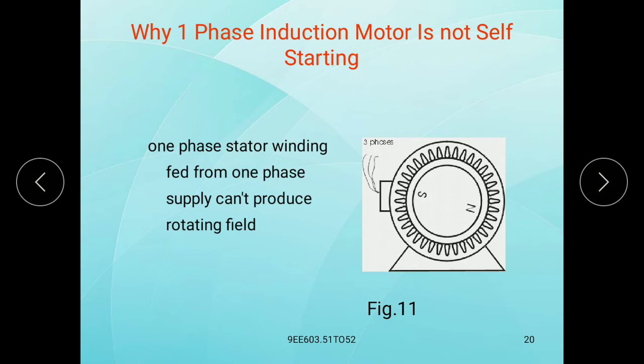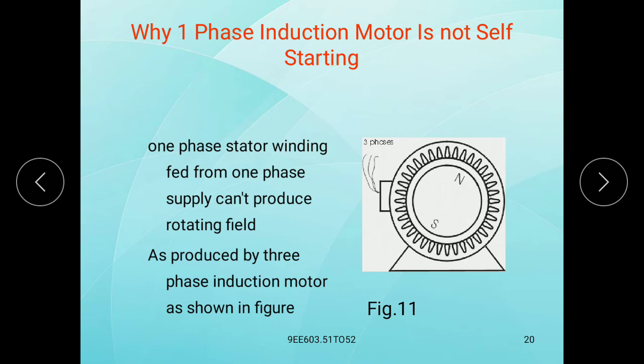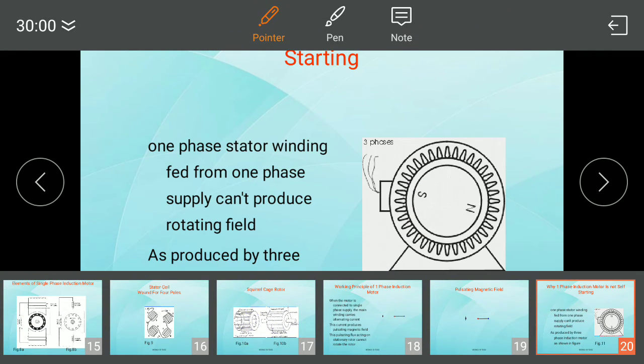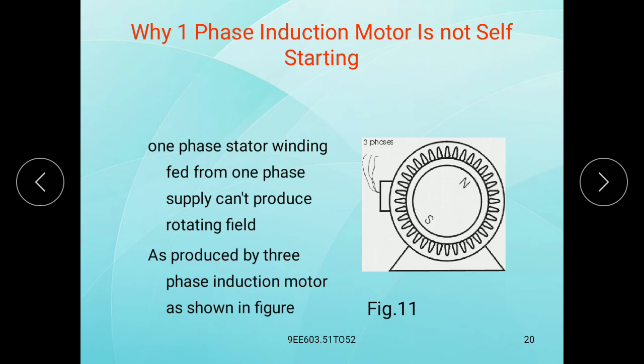One phase stator winding fed from a single phase supply cannot produce a rotating magnetic field, as produced by the three-phase induction motor shown in the figure. Here a rotating magnetic field will be produced in the three-phase induction motor.